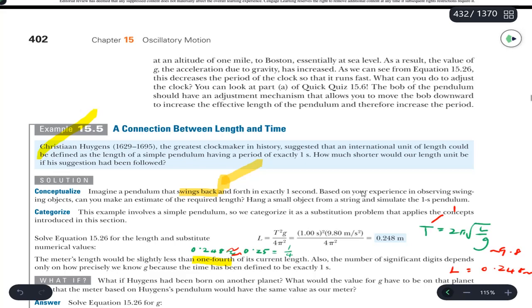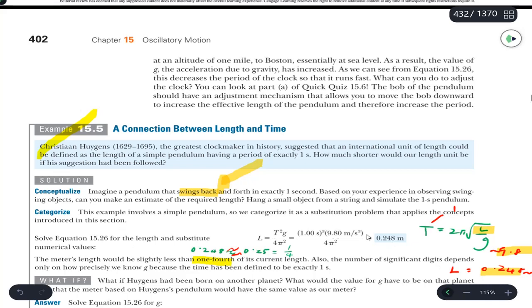To estimate that, we take the expression just now, T equals 2 pi square root L over g, and substitute T to be 1 second. Observe that T should be in the unit second, not milli, not centi. So L remains an unknown value and g is 9.8. Solving, we arrive at 0.248 meter.